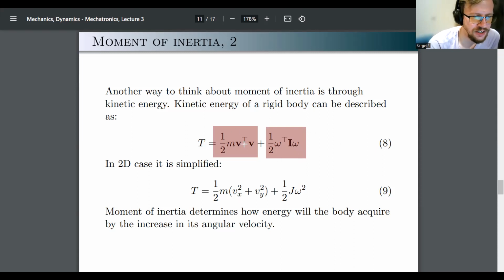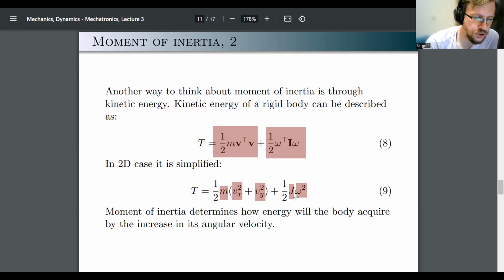In the 2D case, it is simplified and looks like this: we have mass times Vx squared plus Vy squared, and we have inertia times omega squared. As you can see, much simpler.